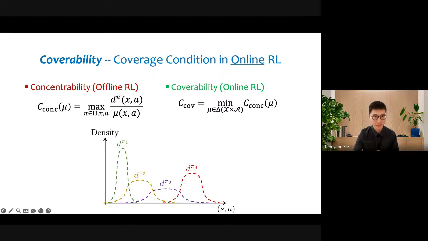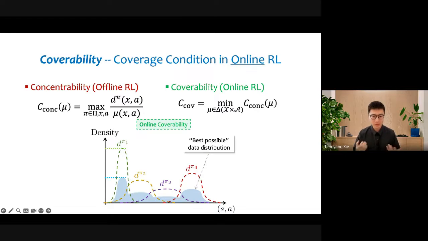We define this as online coverability. If we still use this example, we first find the best possible data distribution, and then the ratio between these two is the definition of coverability. So, questions?